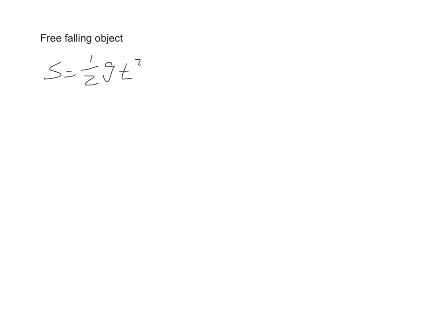But the good thing is that you don't need to worry about it, we will always give you the position function. I don't care if we're going left and right or falling, we will give you that. But I just wanted you to see, if your coefficient is 16 t squared, you're working in English measure. But if your coefficient is 4.9 t squared, then you're working with metric units, okay?